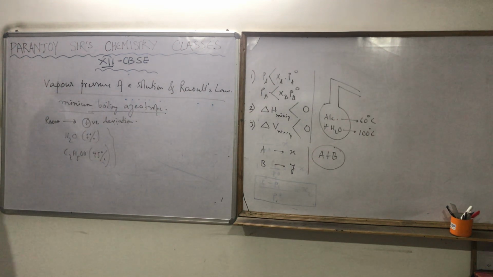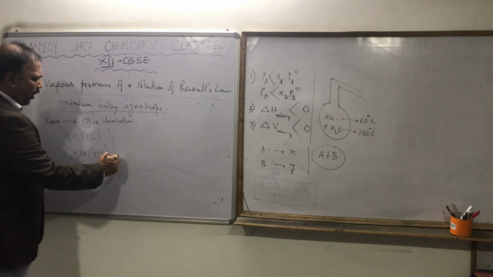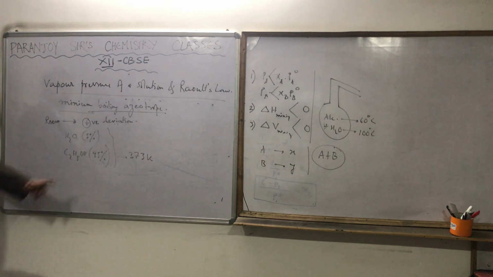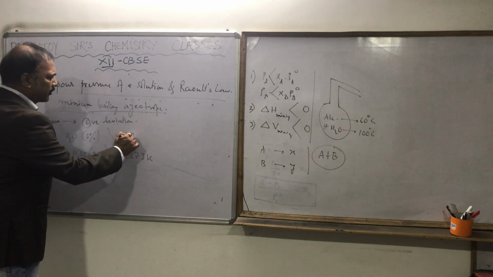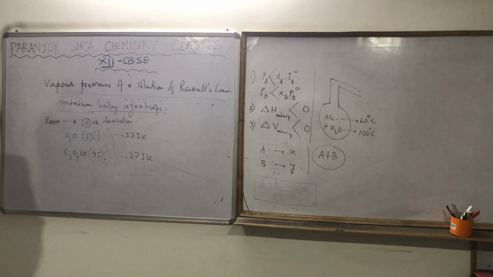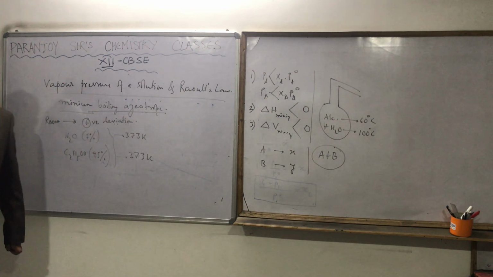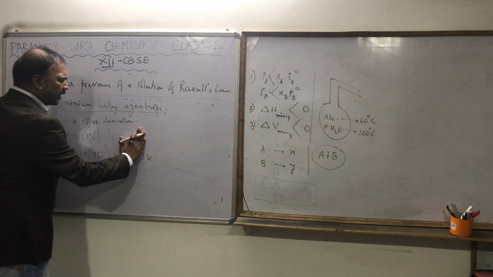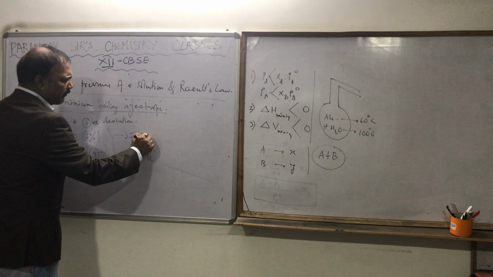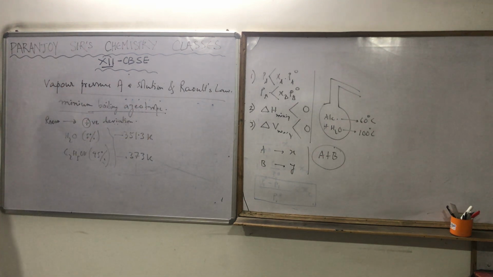You know that H2O is boiling at 373 Kelvin, and C2H5OH is boiling at 351.3 Kelvin.